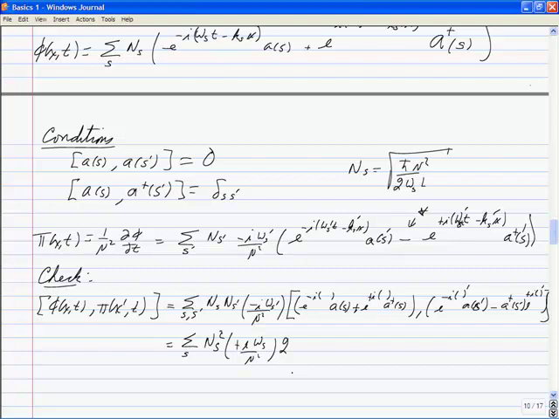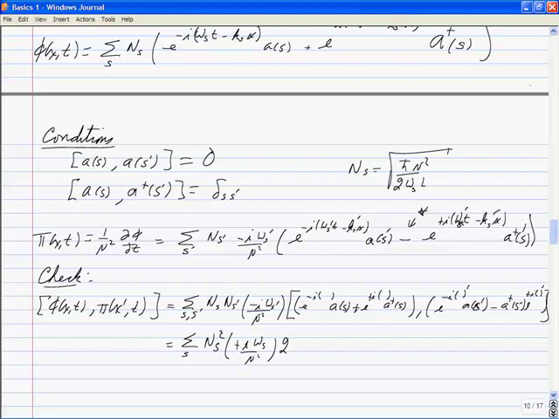And then I get the stuff and stuff prime multiplying each other. Okay, so let's remember what stuff and stuff prime were. This was omega t minus k dot x. This is omega t minus k dot x prime. Omega and k are the same now because s and s prime are the same.